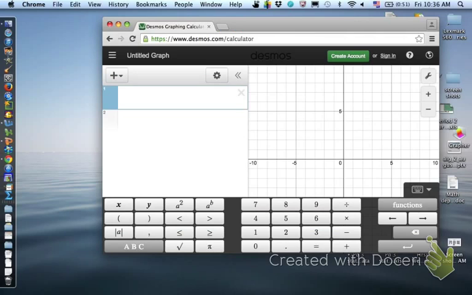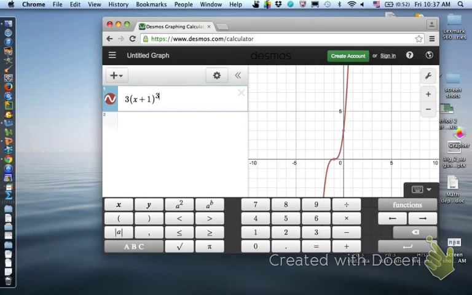The first one we're going to look at is y is equal to 3 times the quantity x plus 1 cubed. We're going to go to Desmos and put that in here: 3, x plus 1, quantity, cubed.